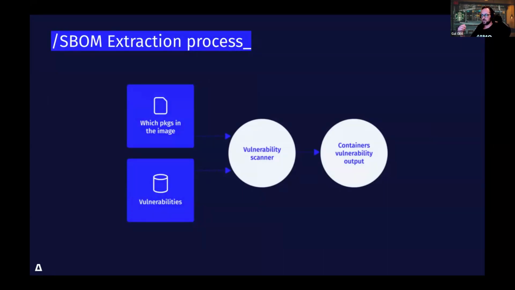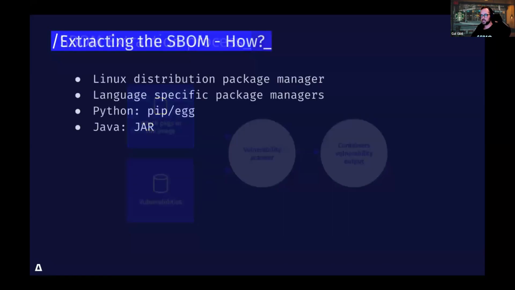And the second step is comparing that SBOM with well-known published databases that contain the information for each software package. And the result actually is a list of vulnerabilities that were found for that specific image.